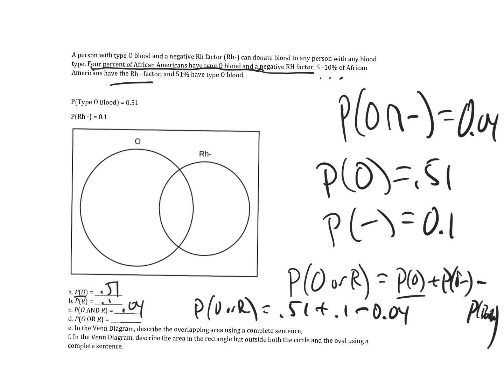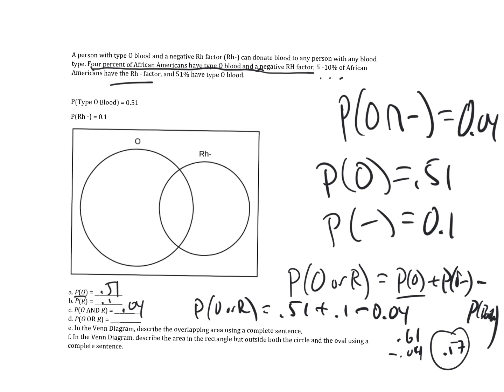So what's that going to be? That's 0.61 minus 0.04, with 61 minus 4. Isn't that 0.57? So that's the probability that they have type O blood or Rh negative blood, or both.